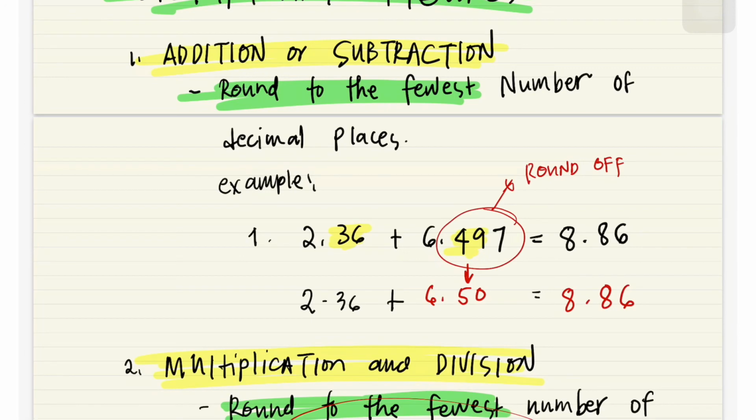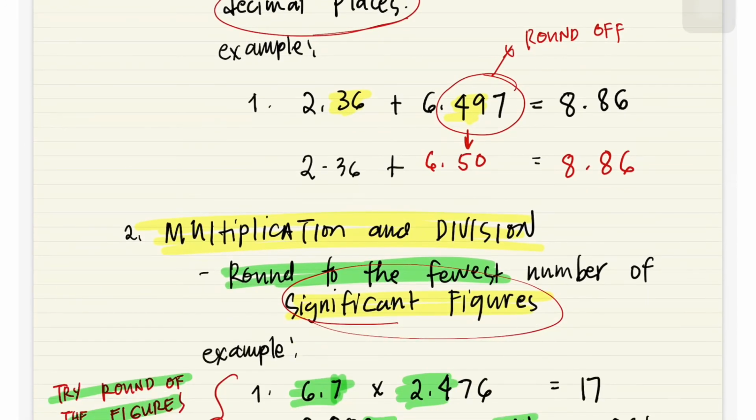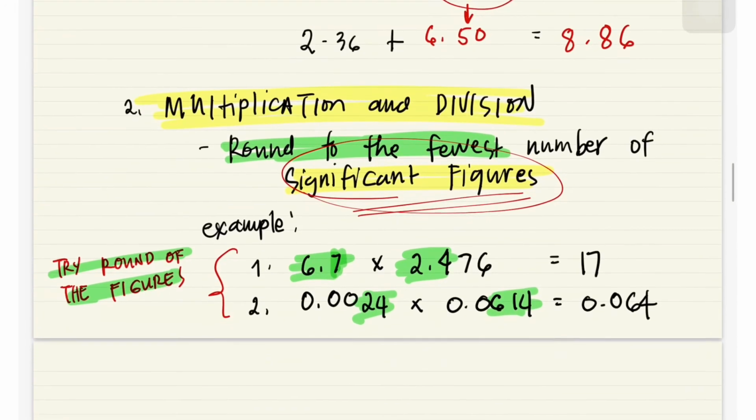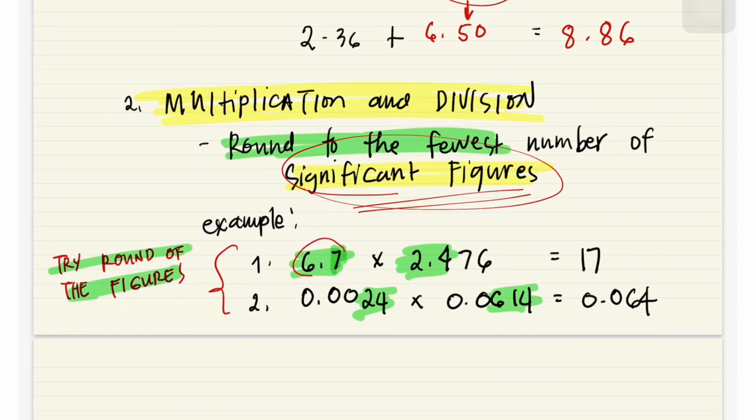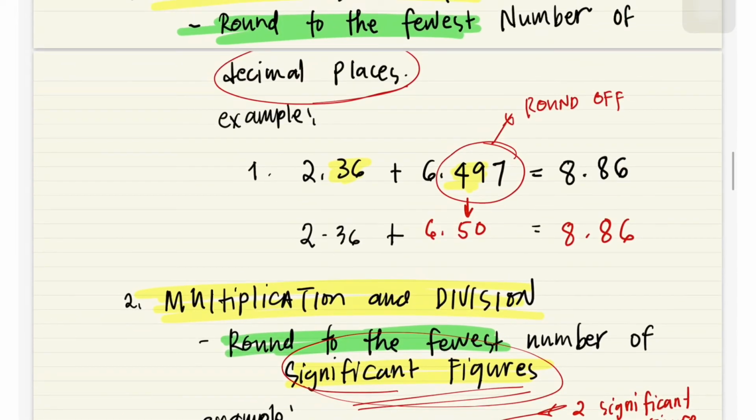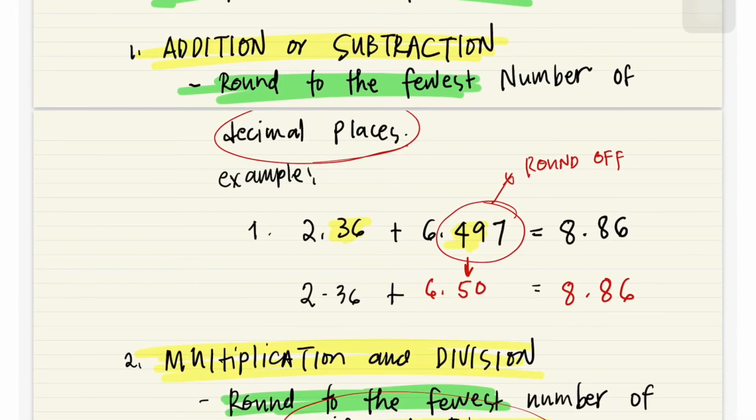The only difference between addition and subtraction and multiplication and division is that in addition and subtraction it is the number of decimal places, while in multiplication and division it is significant figures. So in this example, if there are 2 significant figures here, this one here should be in 2 significant figures. You have to round off those numbers based on significant figures, unlike addition and subtraction, where you use decimal places.